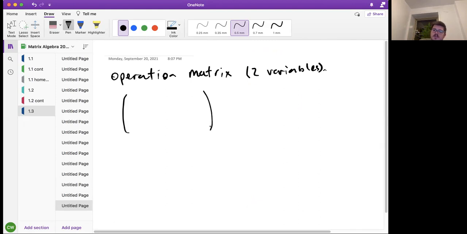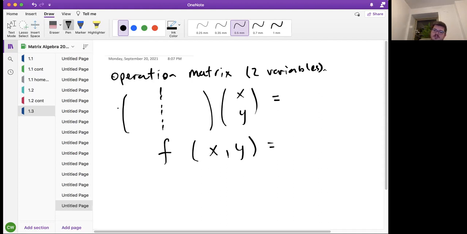Okay, so let's say we have f of x, y, and it's going to equal something. So one of the things that we've talked about, and then we'll kind of figure out what the matrices all look like.